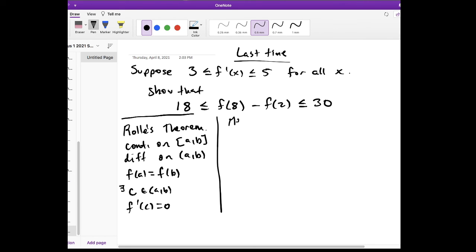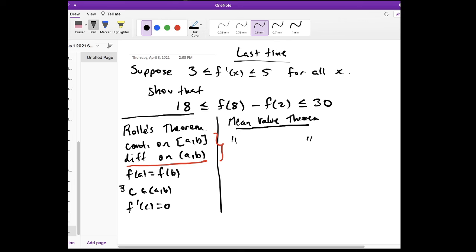So the mean value theorem was the same setup as Rolle's theorem. We also have a continuous and differentiable function. However, it's a bit more general, right?